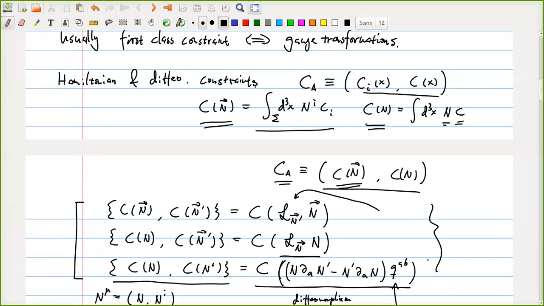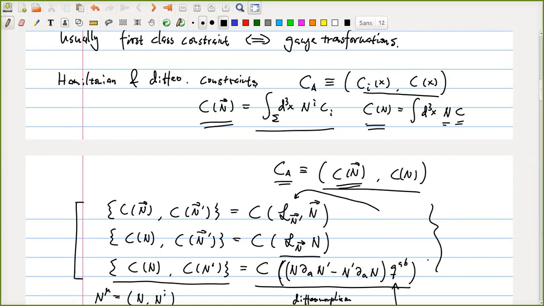This is the first disadvantage. The second disadvantage is that it's very distributional. You have to manipulate those distributions, because the Poisson bracket between P and Q gives you delta functions. A delta function is a distribution, and because the formula of the constraint has derivatives acting on P and Q, in the end you will have derivatives acting on delta functions, right?